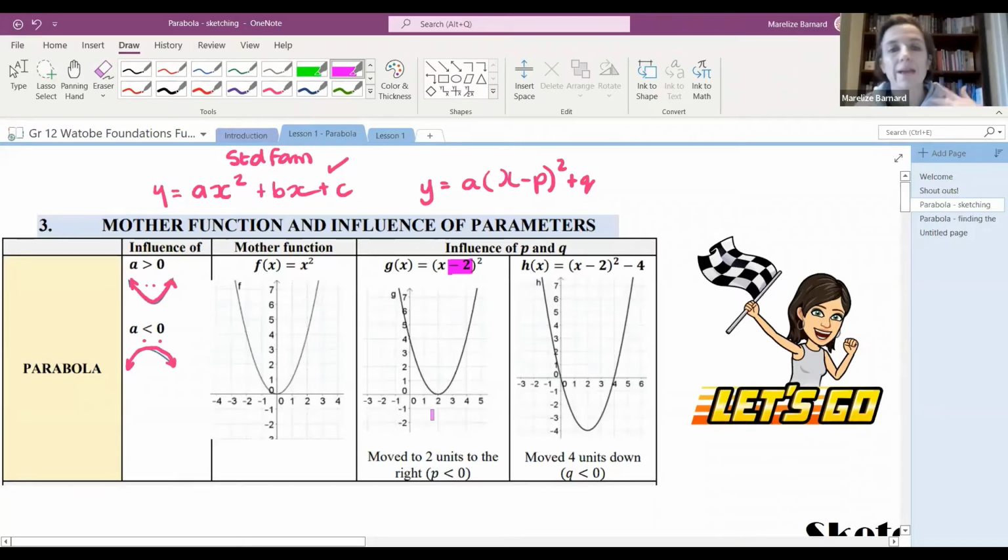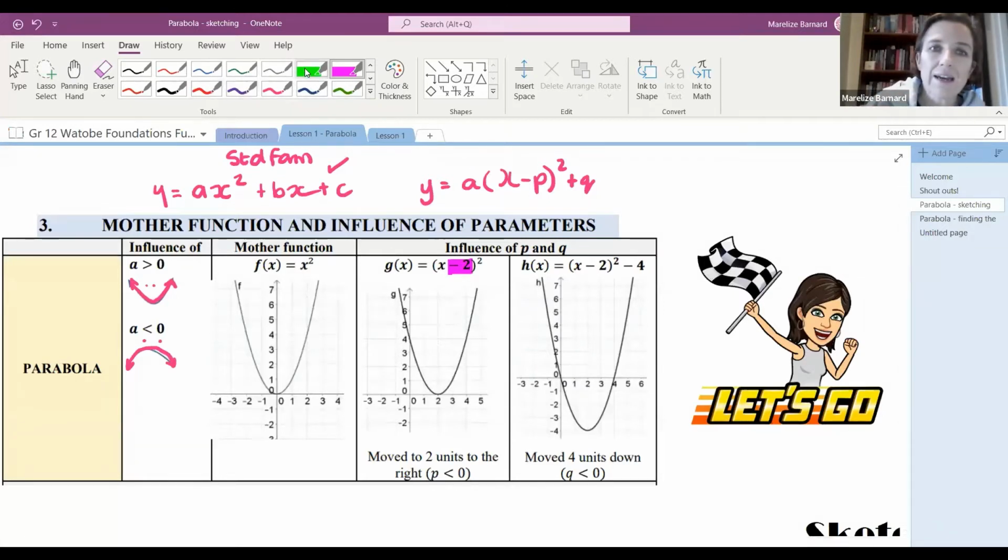Now, it's always kind of counterintuitive, because you would think x minus 2, maybe I'm moving it to the left because it's minus, but because it's x minus 2, we're actually moving it to the right. Okay, now we can shift it left and right, and we can shift it up and down.